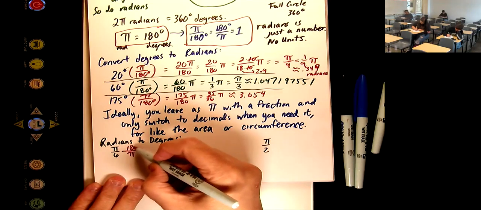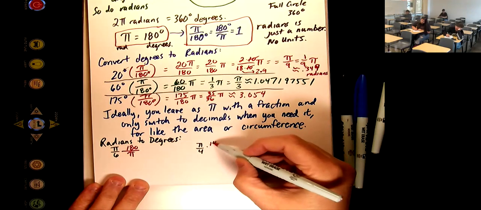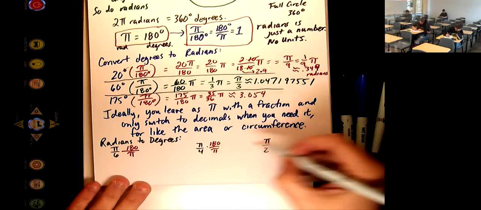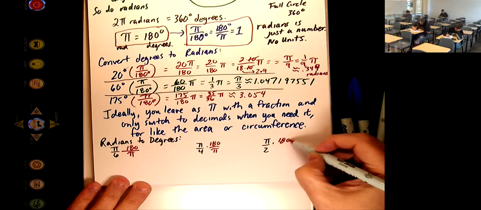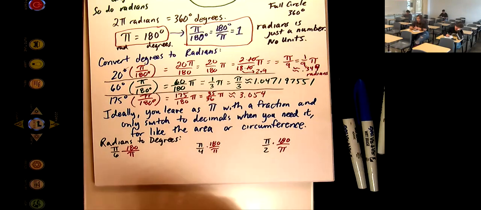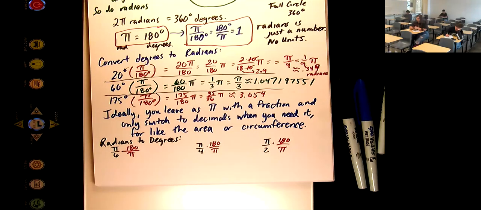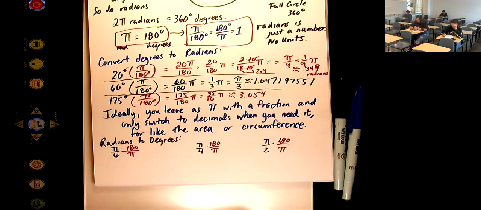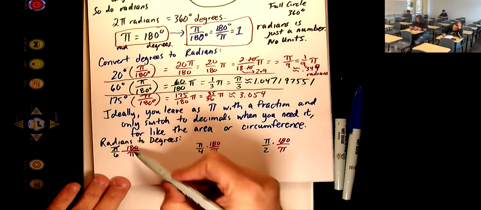So I'm going to multiply each of these by 180 over pi. In each case, the pi's cancel out, and I do not need a calculator for what comes next.